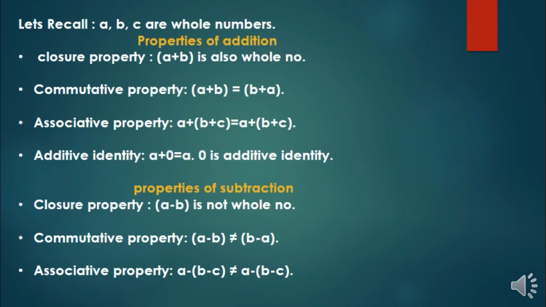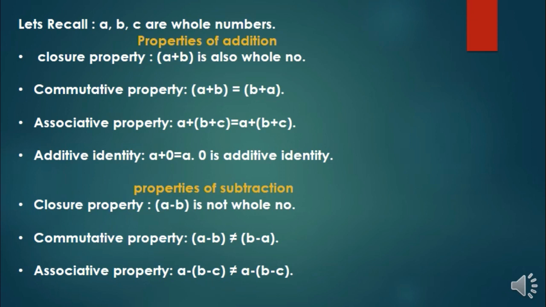For any whole numbers a, b and c, first properties of addition. First property in that, closure property: a plus b is also a whole number. Commutative property: a plus b is equal to b plus a, means grouping or order doesn't matter.